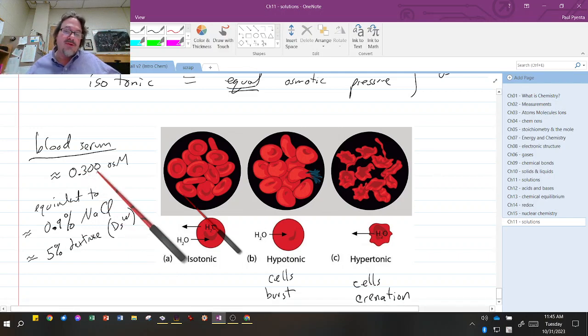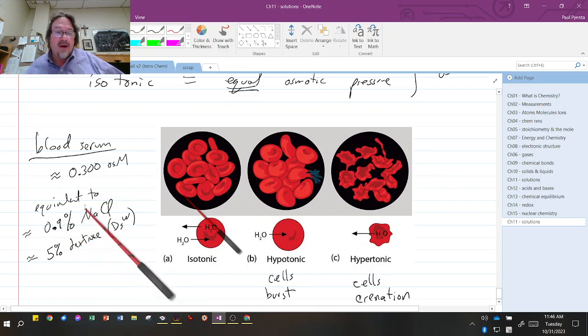So it's 0.300. If you made a solution using just sodium chloride, so it's not all this other stuff like sugars and potassiums and calciums and chlorides. No, if you used, like just in the lab in a test tube and made a solution just using sodium chloride, it would turn out to be 0.9%. It's weight by volume, but anyway, 0.9% solution of sodium chloride. In other words, 0.9 grams of sodium chloride per 100 milliliters of water.